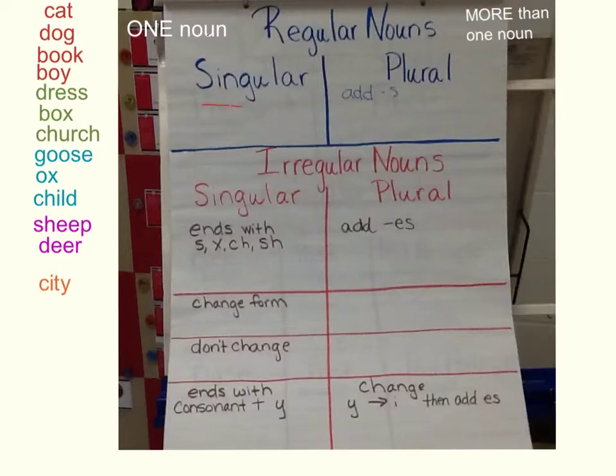First, a singular noun is just one noun. For instance, cat is one cat. That's singular.